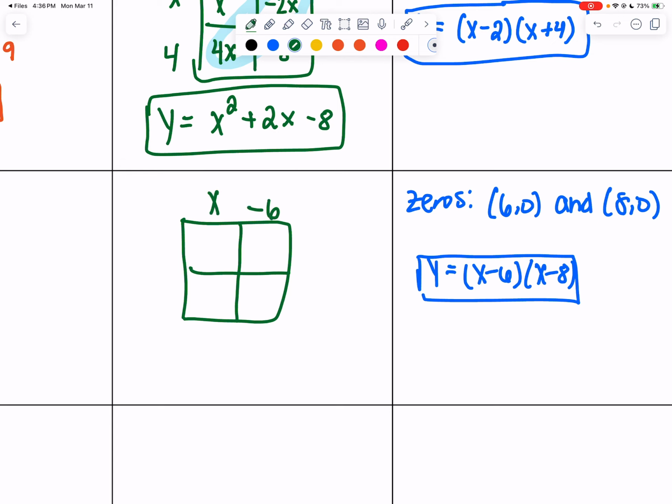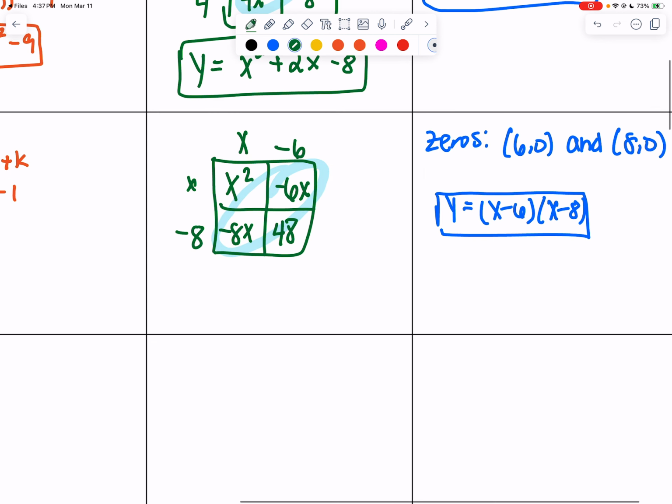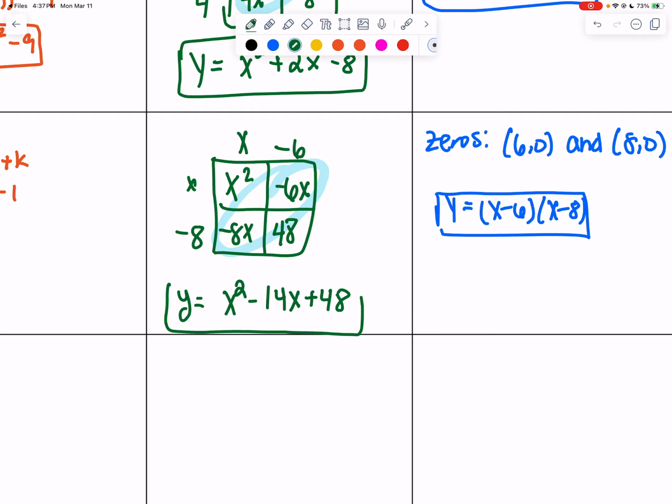So what I have here is x minus 6 and x minus 8, and I'm just going to multiply this and see what I get. Now remember, once I do that, I am going to simplify my diagonals, combine my like terms, and that's going to give me x squared minus 14x plus 48 for this one right here.